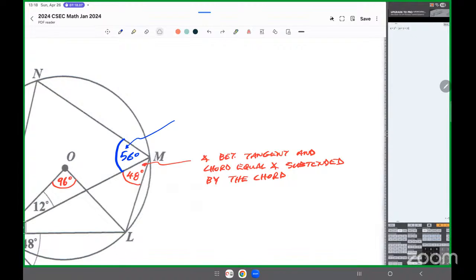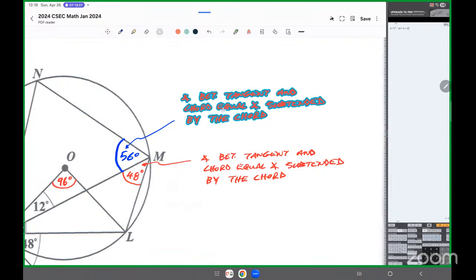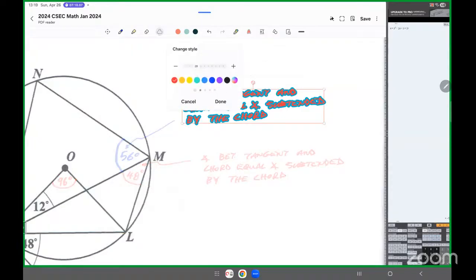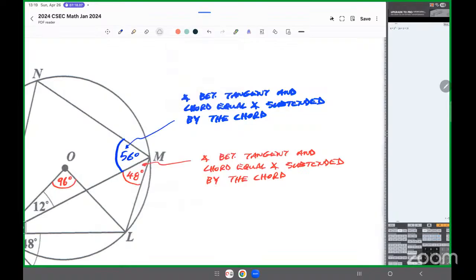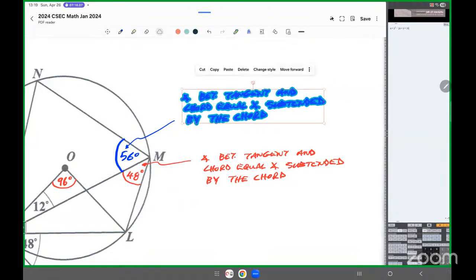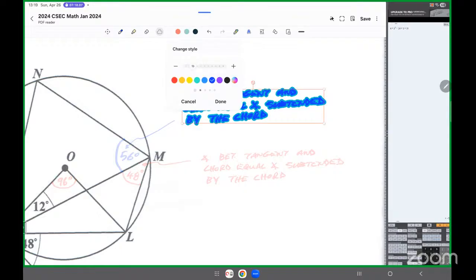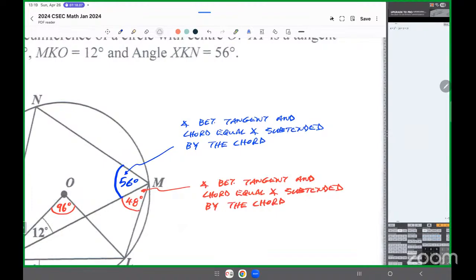Same reason. We can make it thinner. And that's it.